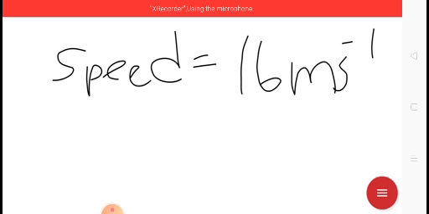This is for question 2. Be careful about this because speed and velocity are a little different. If you put the negative, they may penalize your marks. Be careful about it.